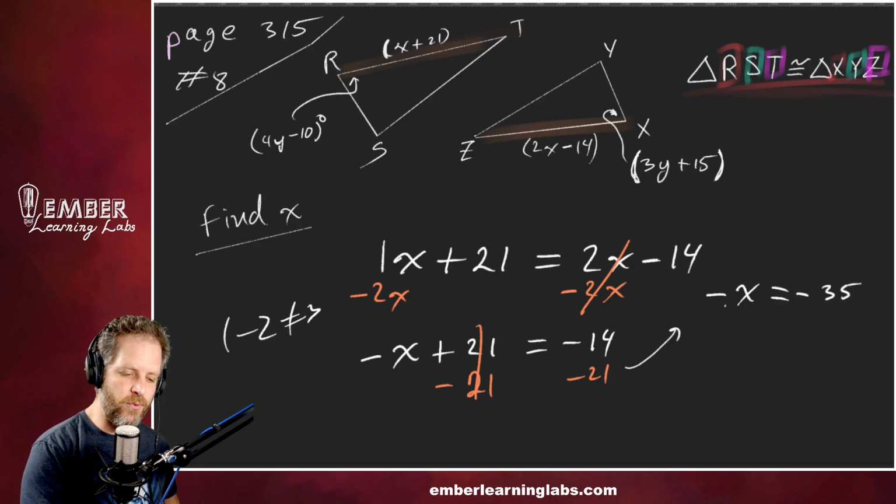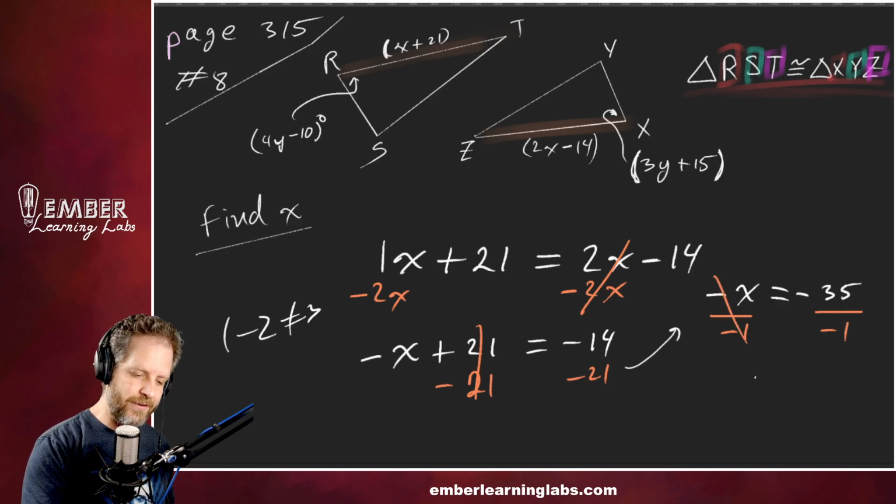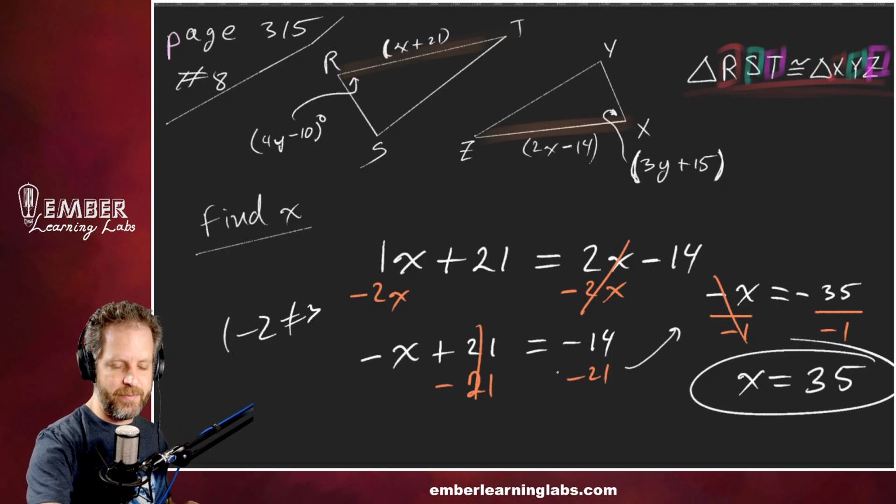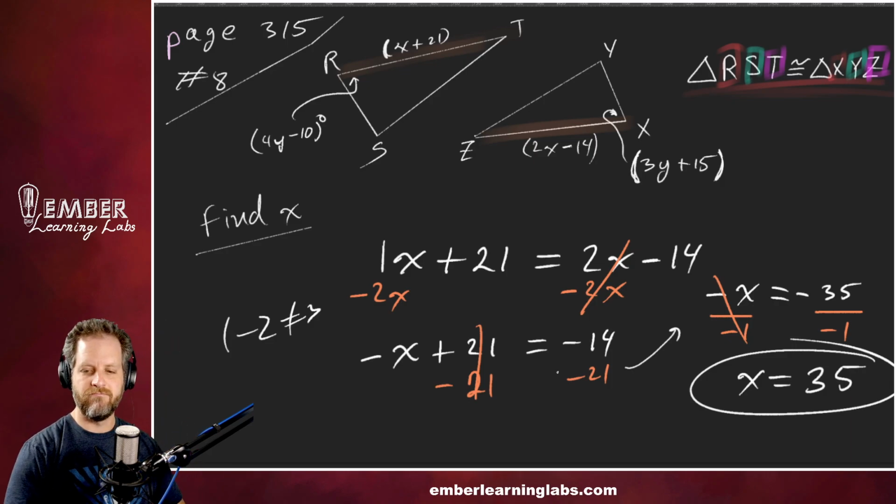We've got to get rid of one more thing, and that's this negative right here. We don't like that. So how are we going to get rid of that negative? Absolutely, we're going to divide both sides by negative 1. That's exactly right. So we're left with x equals positive 35. Does that make sense? Easy peasy, lemon squeezy. Good.